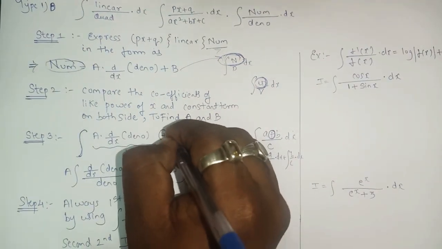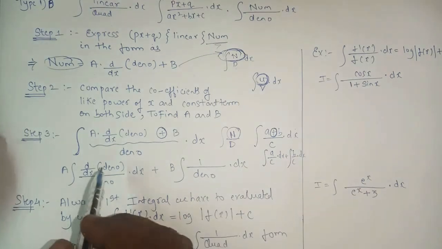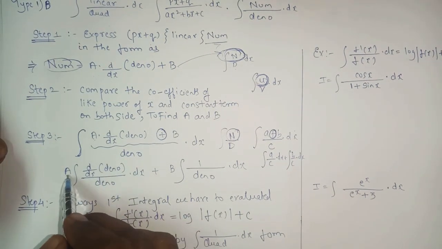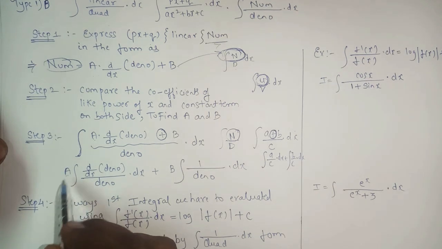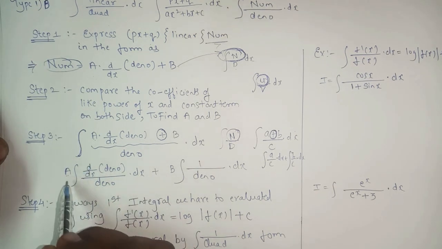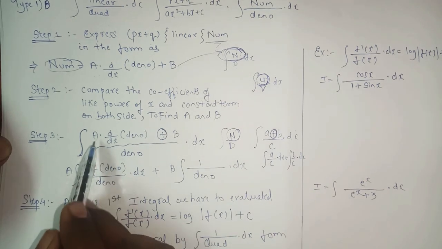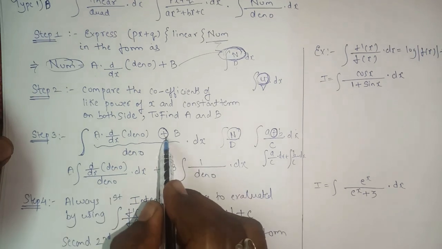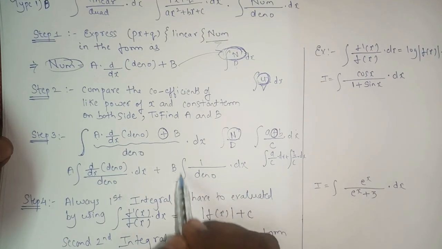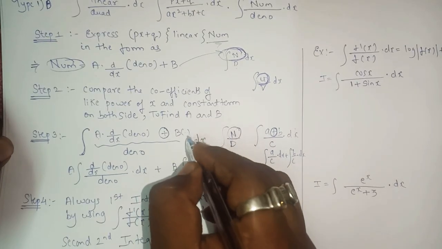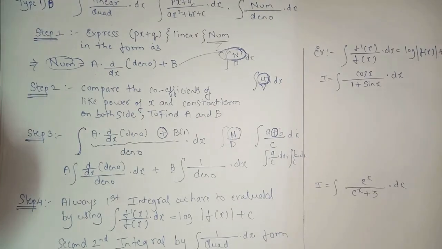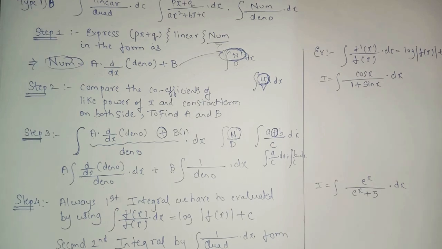Here we have a plus, so we can separate. A is a constant, so we can write it outside the integral, as we all know. So a times derivative of denominator, plus b, and nothing is there means it contains 1, so b times 1 upon denominator.